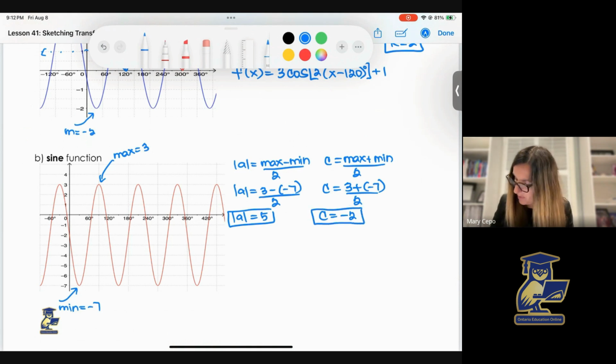Okay, the period. When does one full cycle occur? So we'll go from max to max.